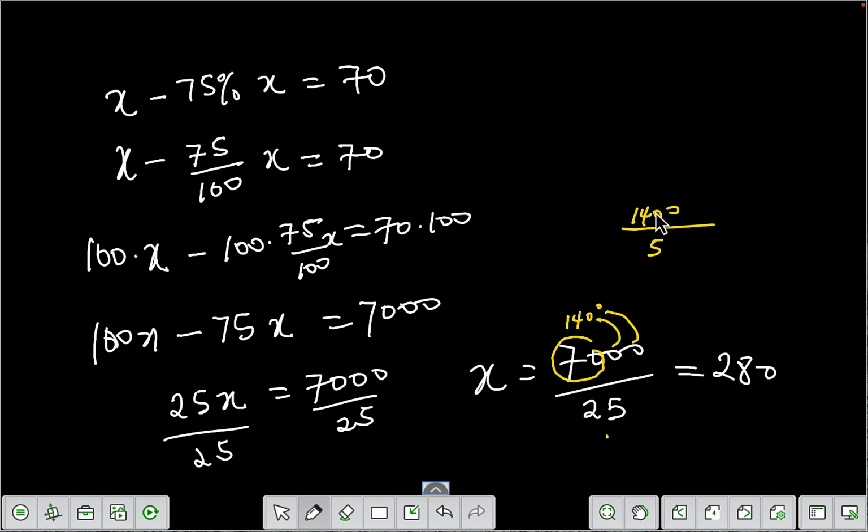Then we look at 140, right? So 5 will go into 140, 28, and that will give you 280. That is pretty simple. Alright, so I hope you understood how to solve equations that contain percentages, right?